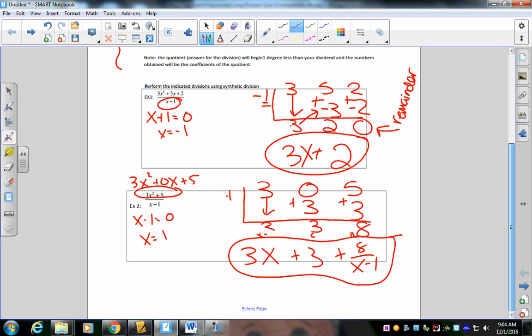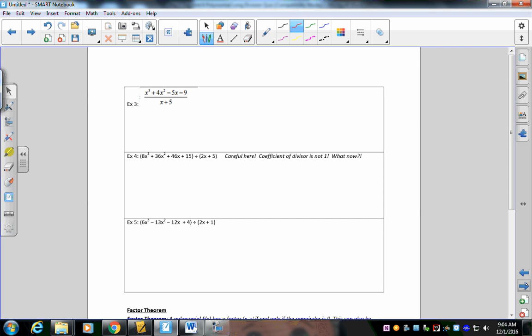All right, our next example. Same concept. If you want to try this one on your own, pause the video. I'm going to talk through it, but if you want to give it a try and see what you can do, pause it and then come back and check. All right, so I'm going to divide by putting -5.